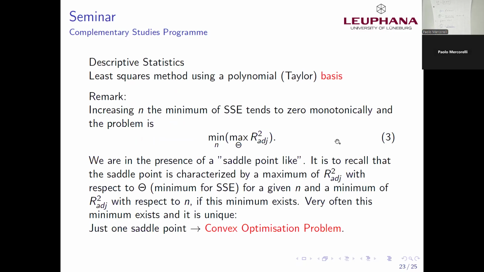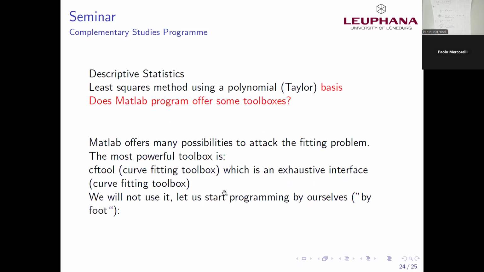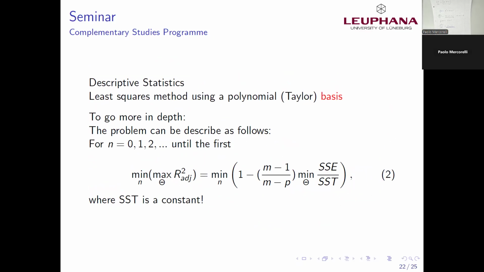Here we are ready basically because I will consider this very quickly next week, and then we will see with MATLAB some exercises in which I will optimize n and theta in this minimax problem.